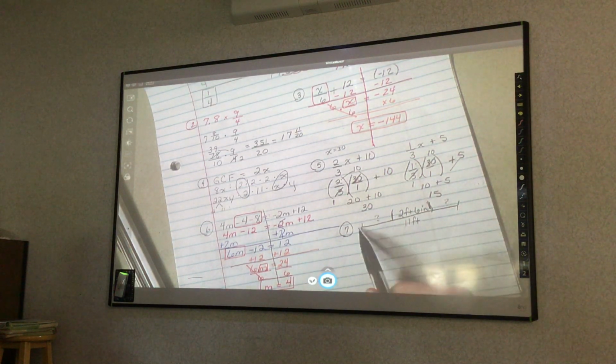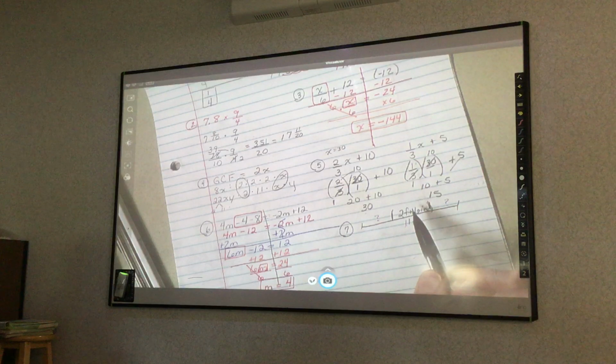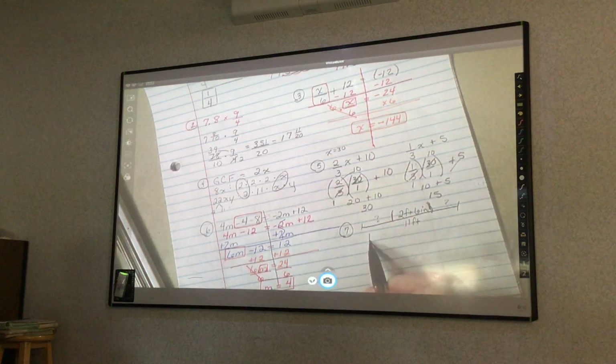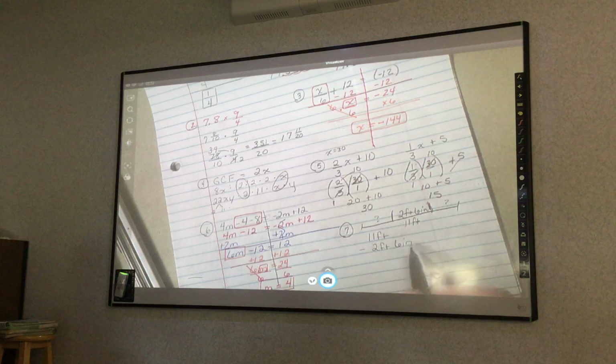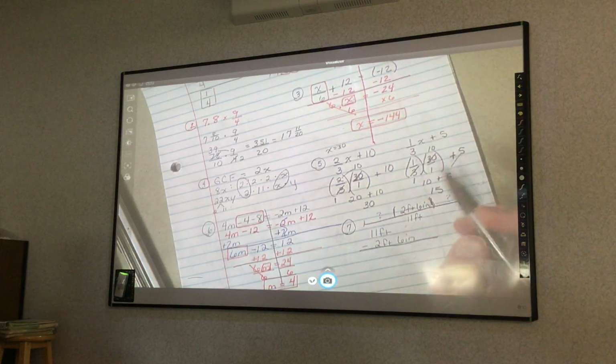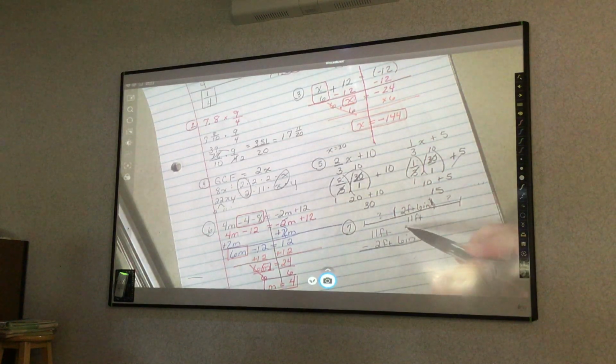So first I need to take my whole length of the wall and subtract the length of the shelf. So I have 11 feet minus 2 feet 6 inches. Now with any subtraction, can I take 6 away from nothing?